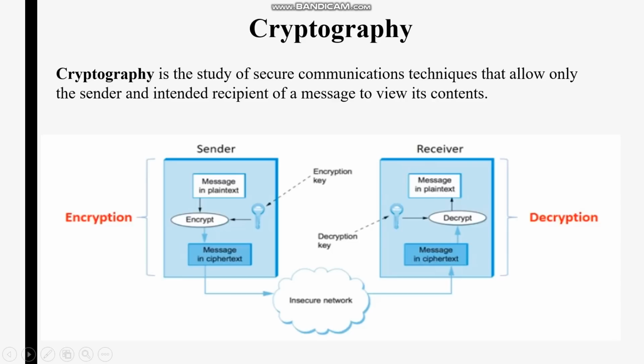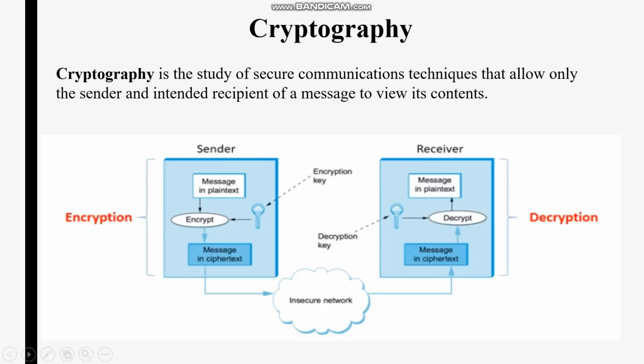So a message or plain text is converted into a ciphertext. The process of converting plain text to ciphertext is nothing but encryption. Now the ciphertext is sent over an insecure channel to the receiver. Once the receiver receives the ciphertext, he needs to get back the original plain text. The process of restoring the plain text from the given ciphertext is nothing but decryption.